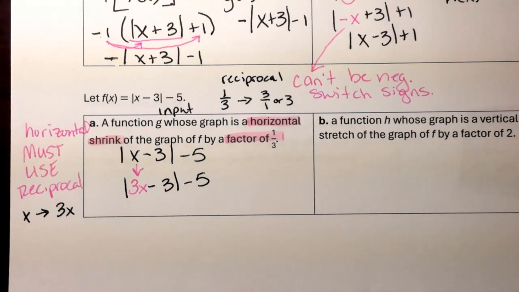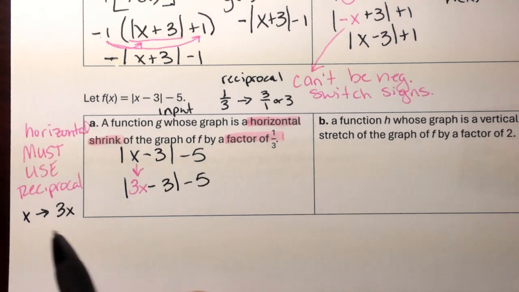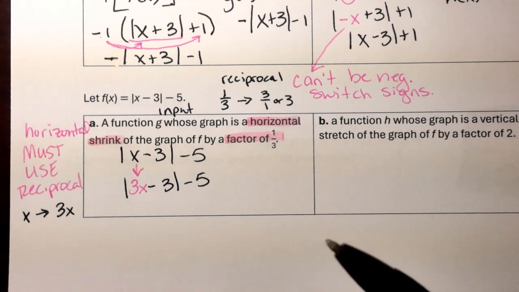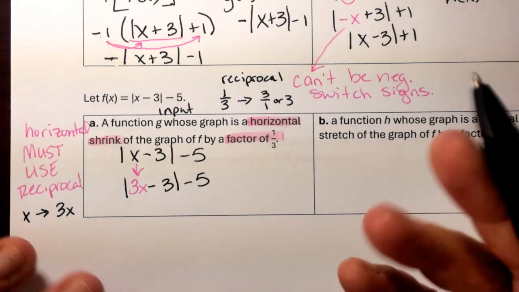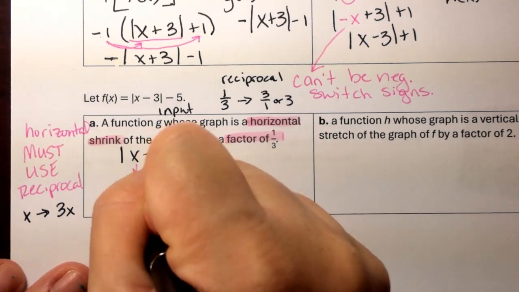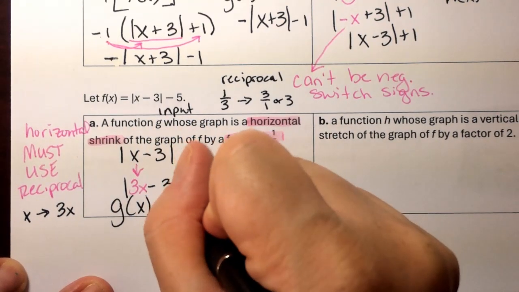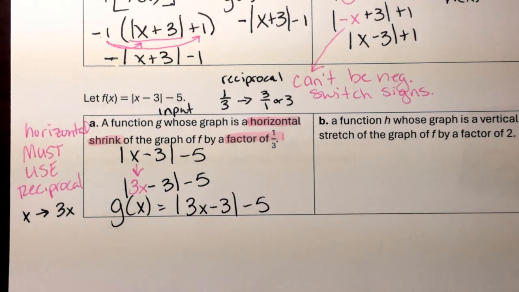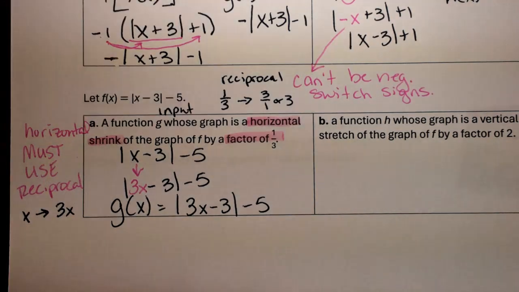Can I simplify anything? No. So even though this was annoying, actually working it out wasn't too bad. So we are doing a graph of g, so just for professional purposes, our final answer looks like this. Okay, so that part wasn't too bad. The hardest part of this is remembering you have to use the reciprocal.